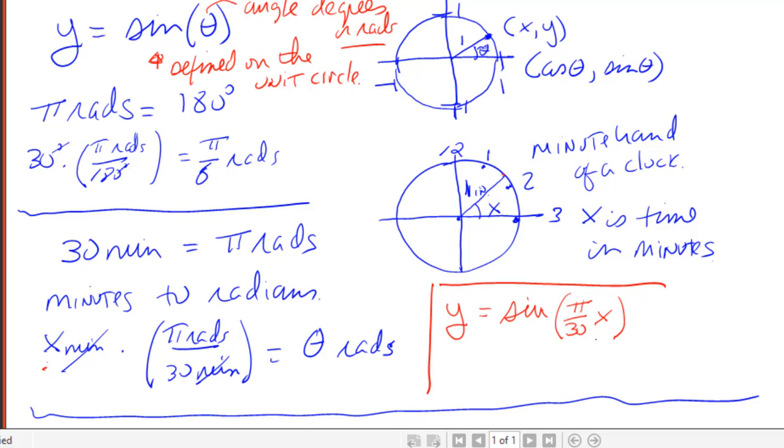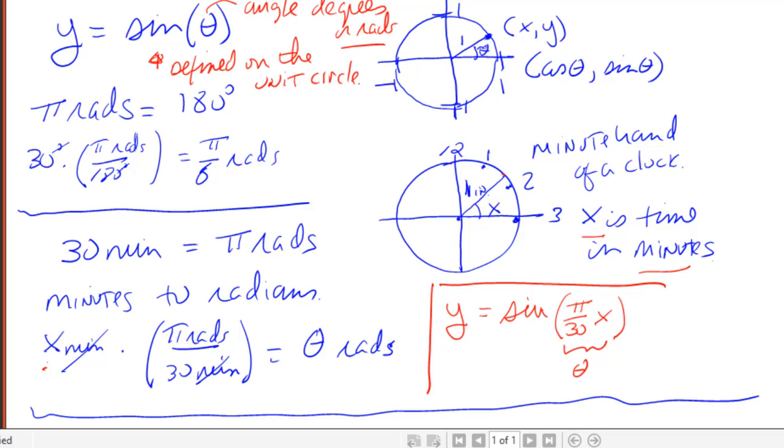So really what's happening is this. Sine will only accept an angle measurement, let's say degrees or radians. And right here I've taken my variable, which is clearly in minutes, but I convert. So at the end, what I have here is equal to theta. The conversion converts it to theta, which is an angle, and now the sine function can handle it because that's all it will do.